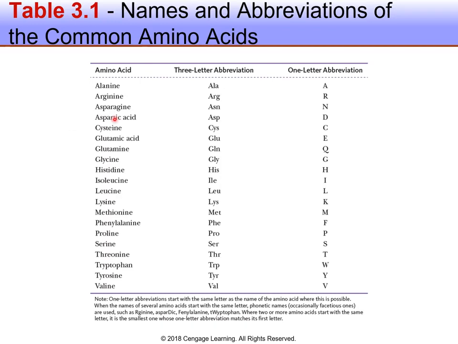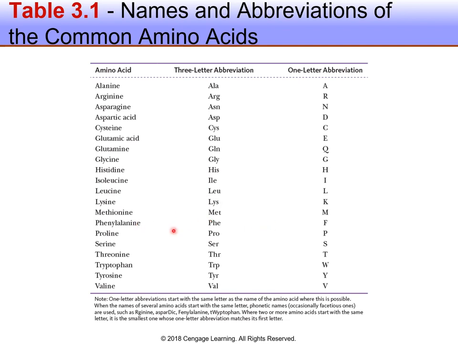We have some exceptions. For example, asparagine Asn to distinguish it from aspartic acid Asp, and also Glu for glutamic acid and Gln for glutamine to distinguish them from each other. Gly for glycine, His for histidine. Isoleucine is an exception.